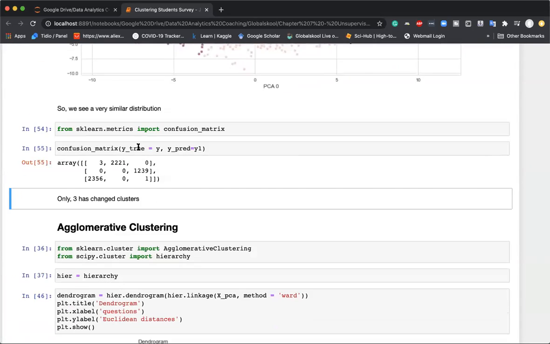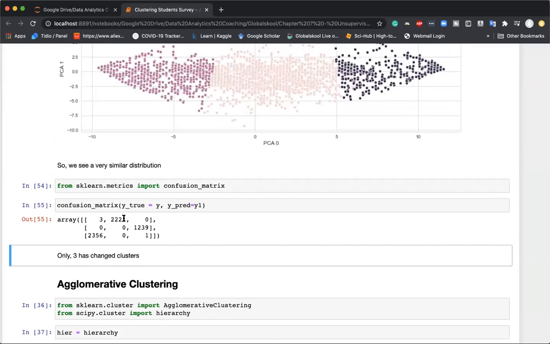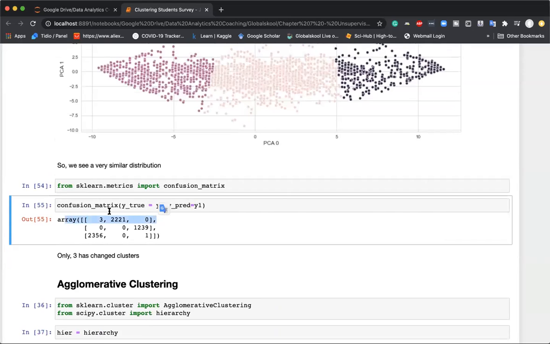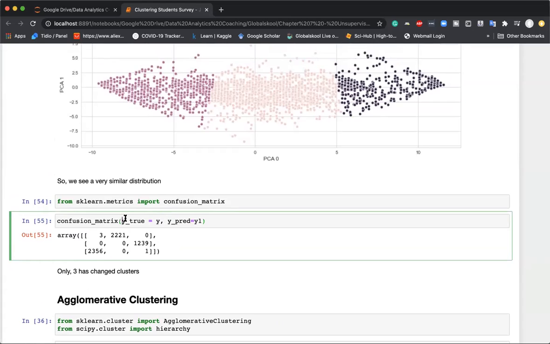In this confusion matrix, for the true values, I'm using the PCA features, and for the predictions, I'm using the original features, that is, all 28 features.